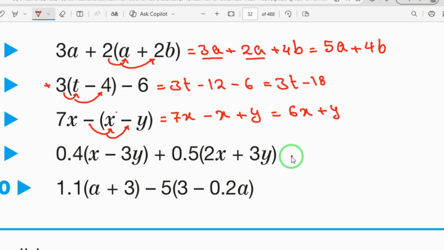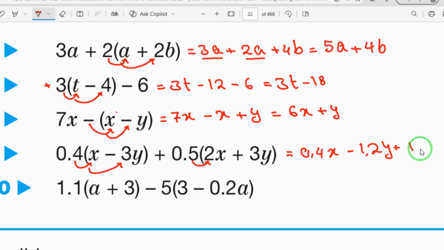Question number 9. Here we multiply 0.4 multiplied by x becomes 0.4x, and 0.4 multiplied by minus 3 becomes minus, 3 times 4 is 12. We separate from right to left one decimal place and write y. Then come to the second bracket here, plus 5 times 2 is 10. We multiply 5 inside the bracket.